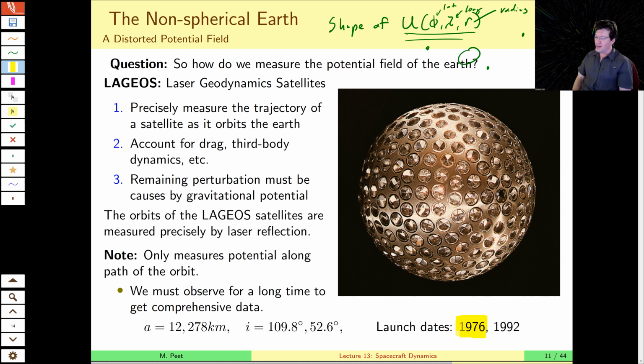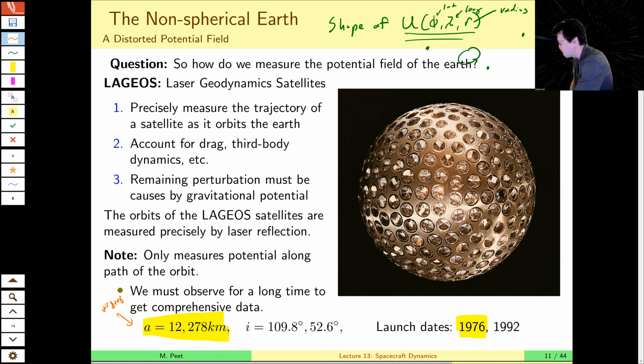We launch a satellite, in a relatively high Earth orbit, 12,000 kilometers, so there's not much drag. I won't say there's no drag, but not much. We launch this satellite up into high Earth orbit, and we watch what happens to it. So we watch it move around.